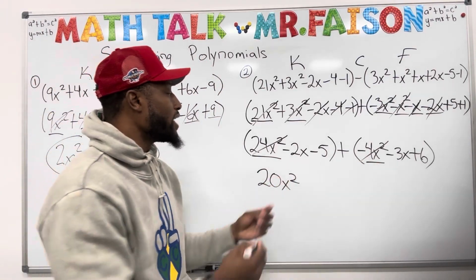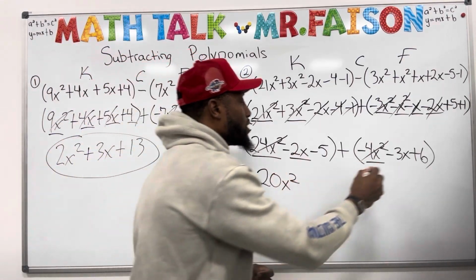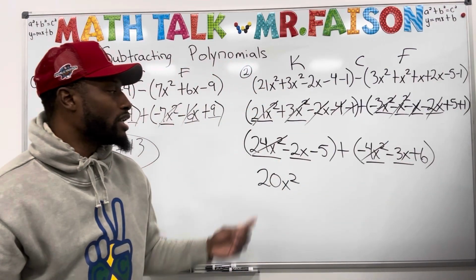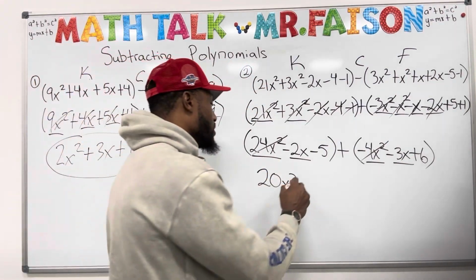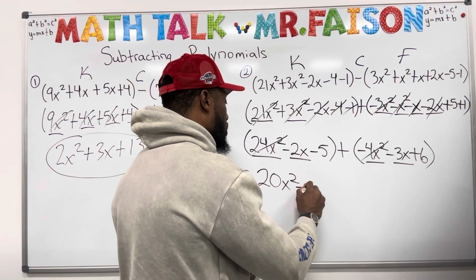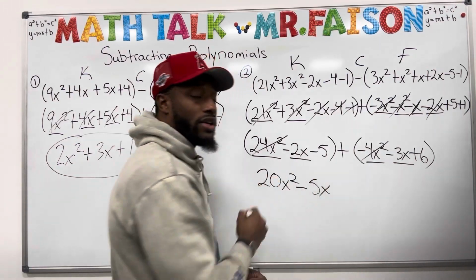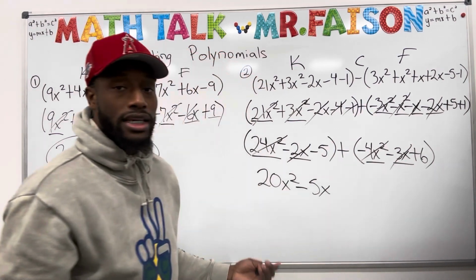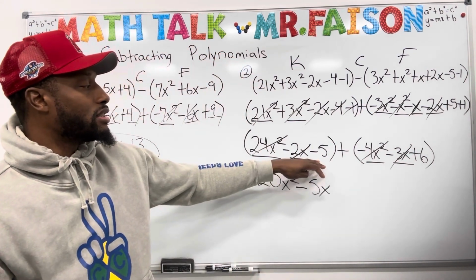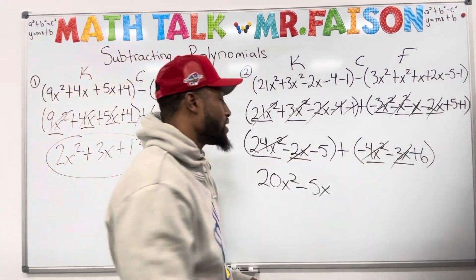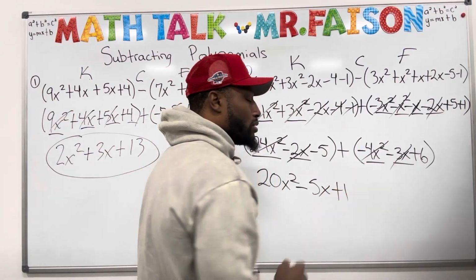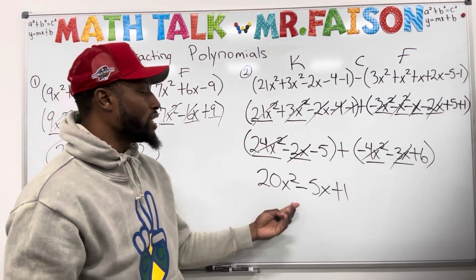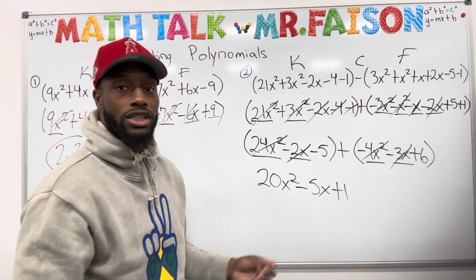Next, if I look at my x's, I have a negative 2x and a negative 3x. Negative 2x plus negative 3x is gonna give me negative 5x. I can mark those 2 out. Last but not least, I have my constant. Negative 5 plus a positive 6 is going to give me plus 1. Now what I'll be looking at is 20x squared minus 5x plus 1.